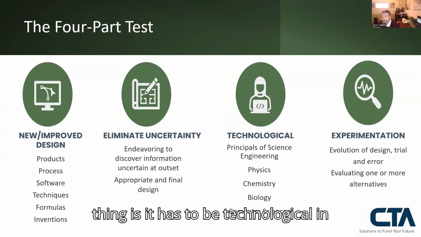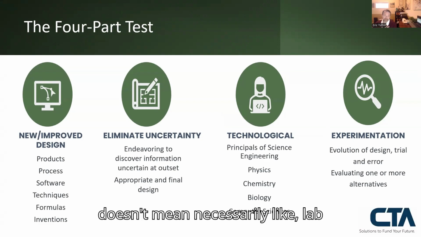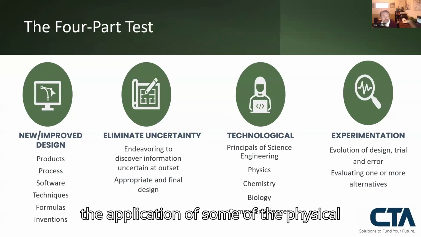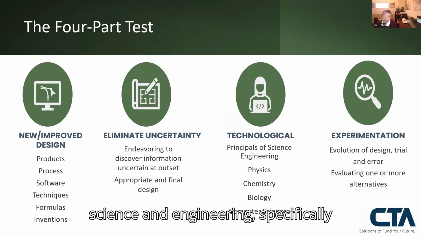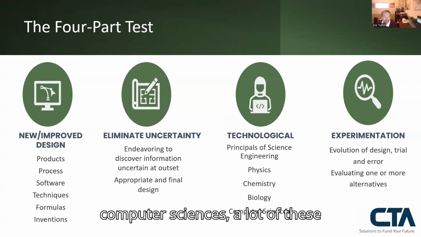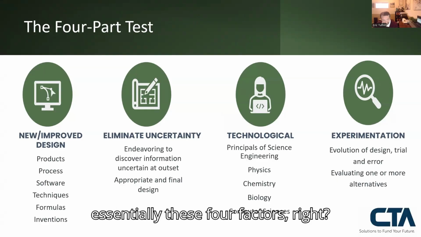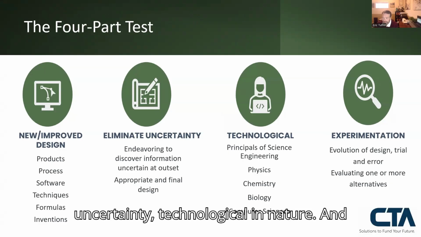The other thing is it has to be technological in nature. That doesn't necessarily mean lab coats, but it means the application of the physical sciences, like principles of science and engineering, specifically physics, chemistry, biology, and computer sciences. A lot of these different things will factor into play, but it has to meet essentially these four factors, right? The new and improved design, eliminating uncertainty, technological in nature.